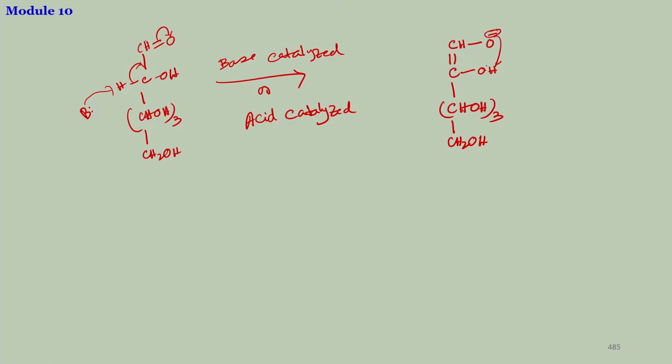Now, this will take up the proton, it will come here, this will go there. So, basically this will now become CH2 minus H plus OH, and then this will be your keto, CHOH whole 3 and CH2OH. So, this is again your ketose.